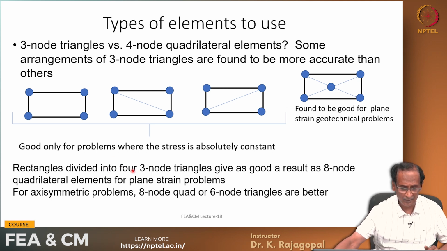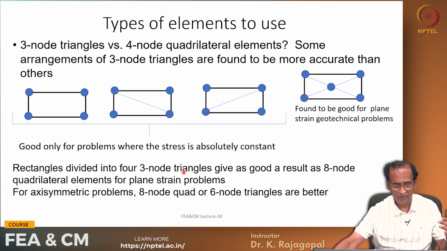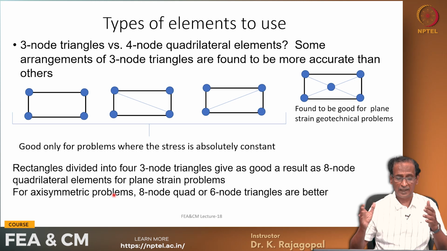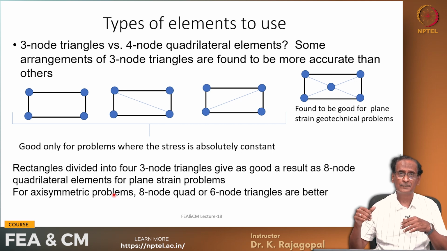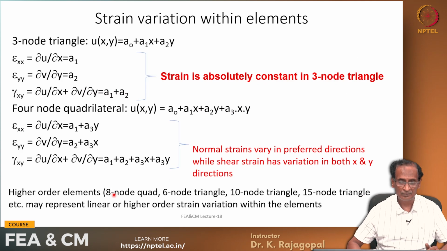And the rectangles divided into 4 3-node triangles give a very good result, comparable to an 8-node quadrilateral element for plane strain. But for axisymmetric problems, we need to go in for 8-node quadrilaterals or 6-node triangles, or even higher, like 10-node triangles or 15-node triangles, and so on. Okay.